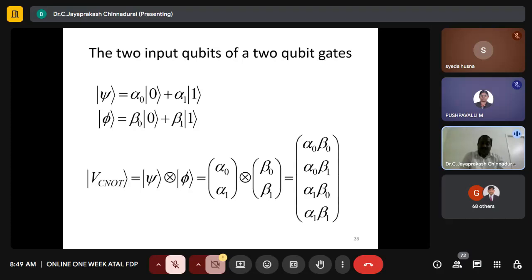If you take the product of these two, V CNOT is equal to ket of psi product ket of pi. The input is alpha 0 and alpha 1 product with beta 0 and beta 1. So we can represent this output in this way: alpha 0 beta 0, alpha 0 beta 1, alpha 1 beta 0, alpha 1 beta 1. This is the output we can get from these two inputs.